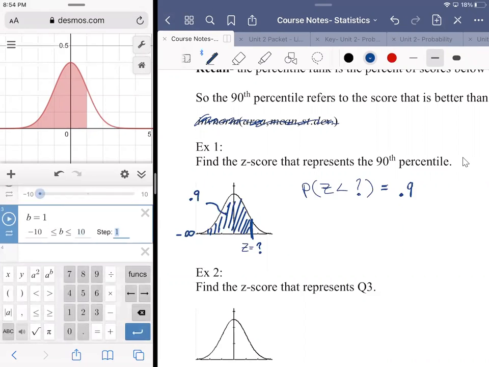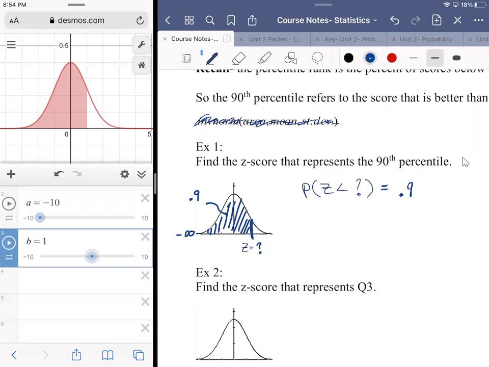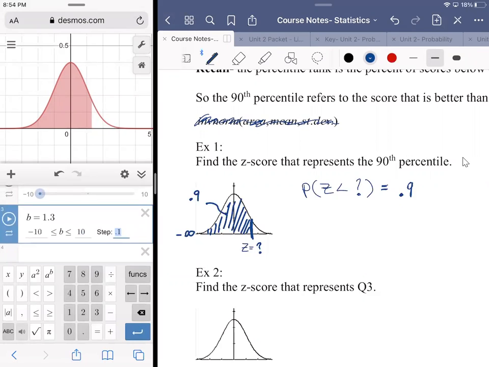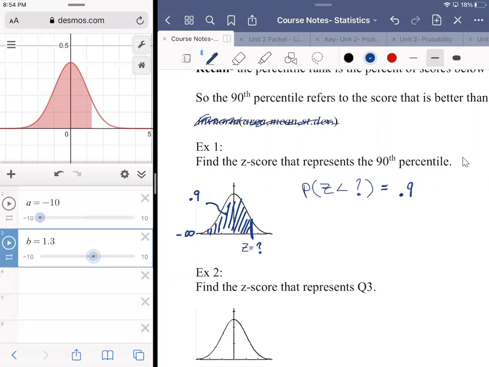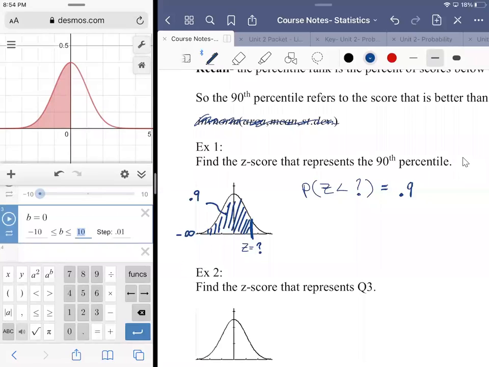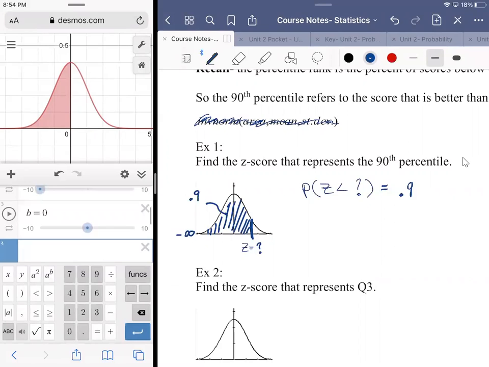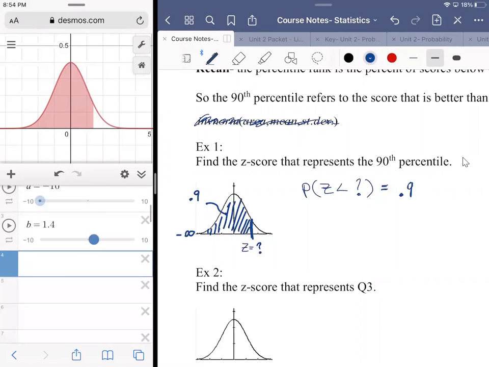If I put in a 0.1, it goes by 0.1. If I put in a 0.01, I got nothing here. I have no idea why it's not working. Well, anyway, we have an idea.